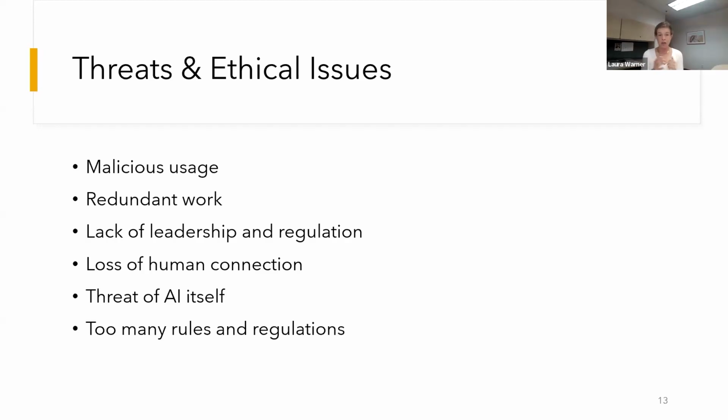There's the loss of human connection. We've seen that a lot over the rise of social media, over COVID. We are more connected than ever. However, we are also very lonely, and we're losing a lot of the human connection. There's one app that's very fascinating.